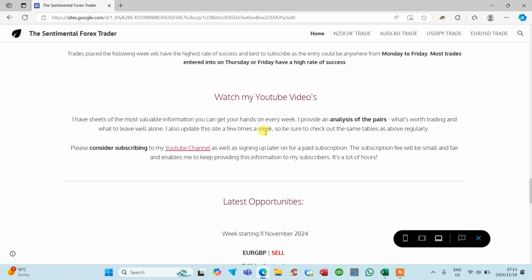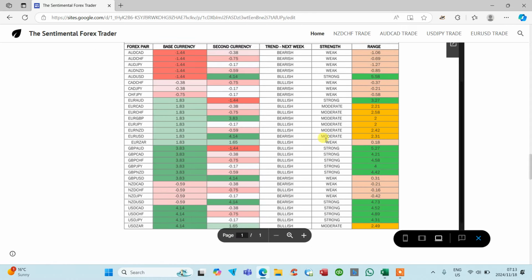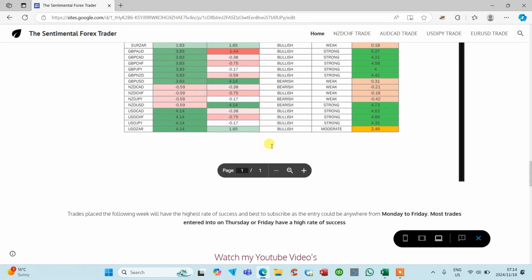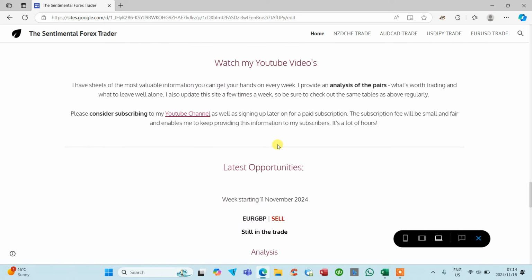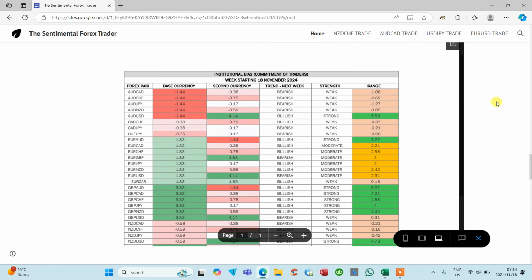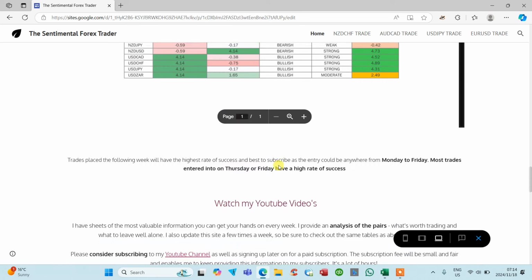So you can have a look, but just be careful, because with the trades from this sheet, the entries can be anywhere from Monday, today, through to Friday, and it's usually mid to the end of the week, so it can take up to a week for the entry points in these trades. So just be careful there. And obviously my subscribers, I would give them entry signals, the projected entry, to the day.